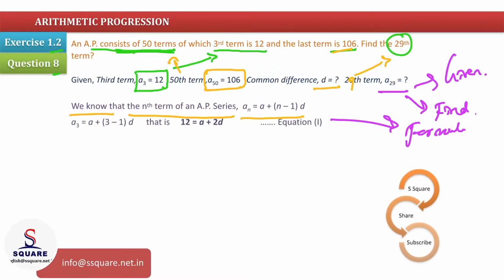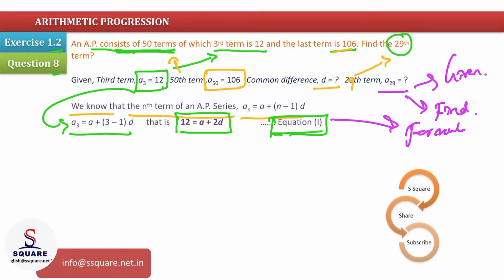Let's see. A3. Whatever it comes, I'll take this as equation 1. By putting A3 in the formula, the result comes as 12 is equal to a plus 2d.